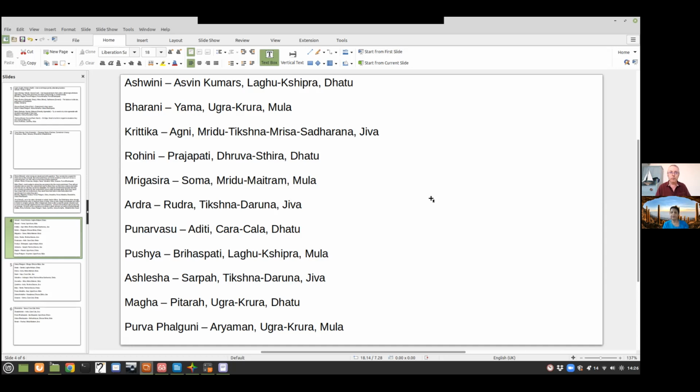And so quite often there's a good element of pain or difficulty that's connected to Bhurani Nakshatra. And being a plant nakshatra, it's seeking ways in which to feel nourished or equally to give nourishment.